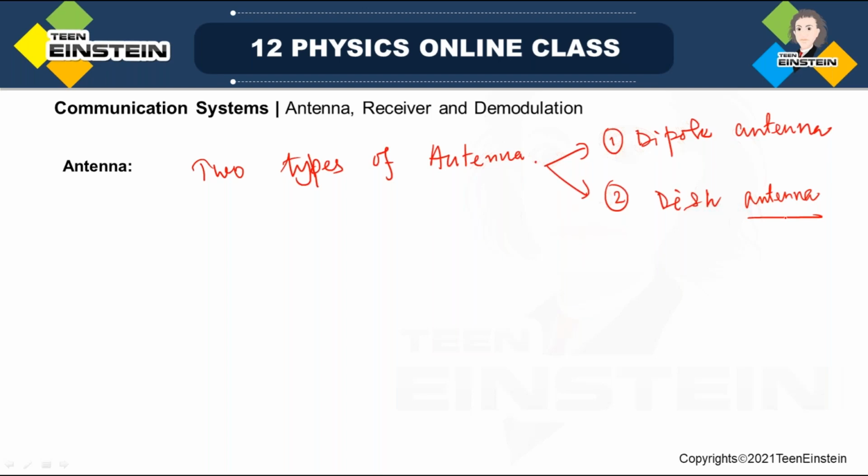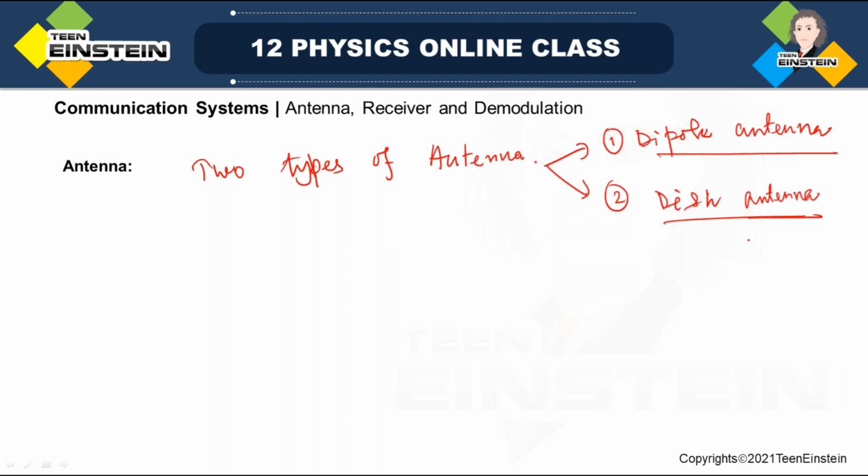So you can see there are many things in our day-to-day life we use, but we don't know the physics. If you study physics, you will understand the working principles behind all those things which are used almost every day.